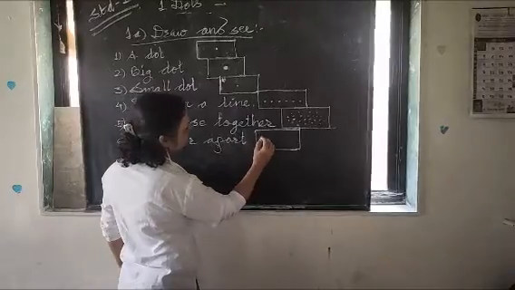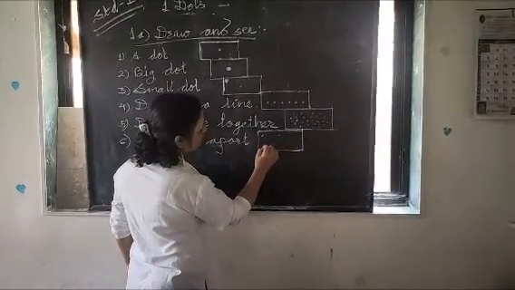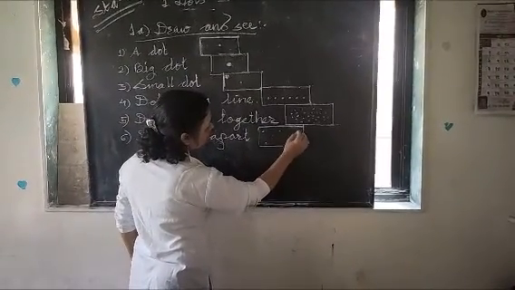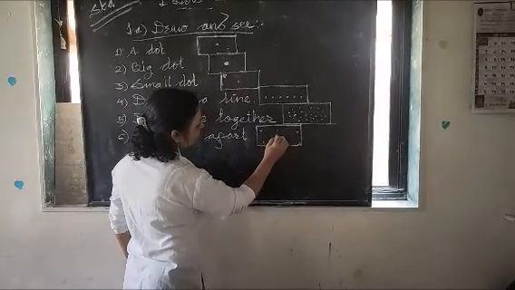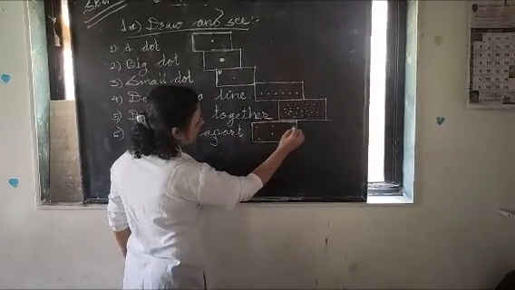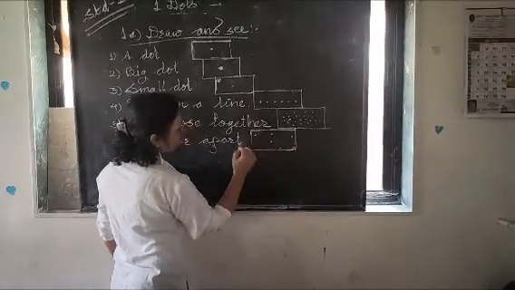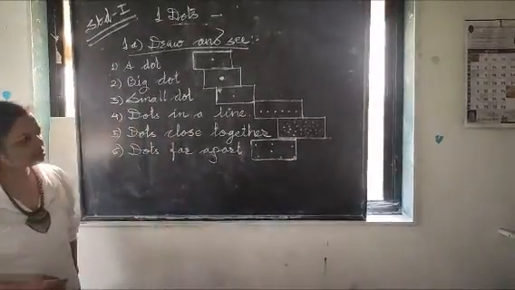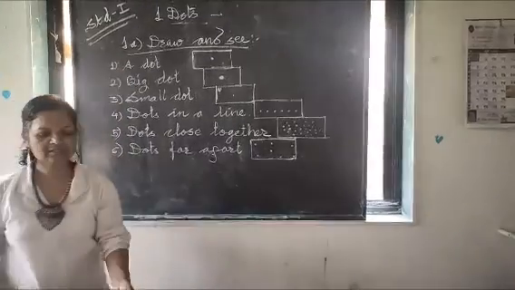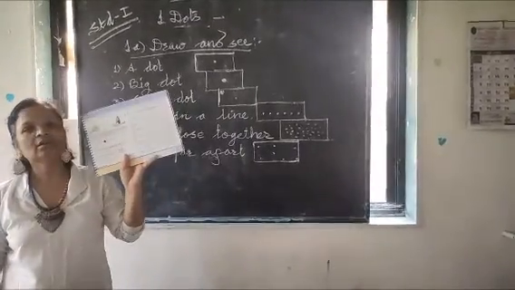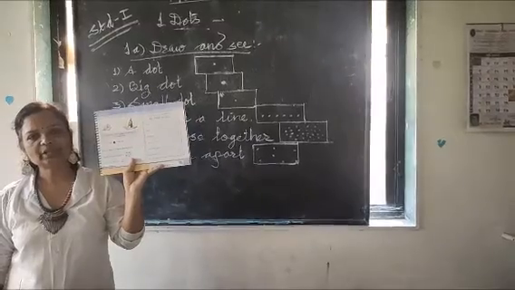Then far apart means they are not near to each other. We can clearly see the big distance between the two dots. This is the small and simple exercise given in your textbook, page number 1.